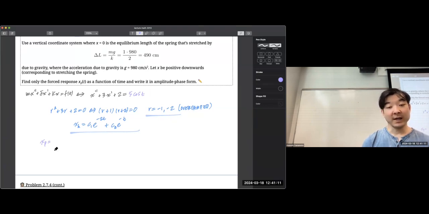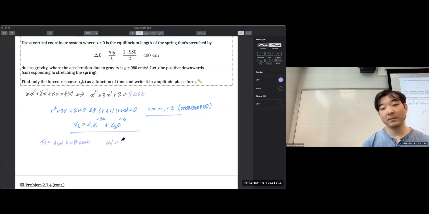And because your right-hand side is this, you're going to say a cosine of t plus b sine of t. And you're going to find xp prime, which is going to be negative a sine of t plus b cosine of t.